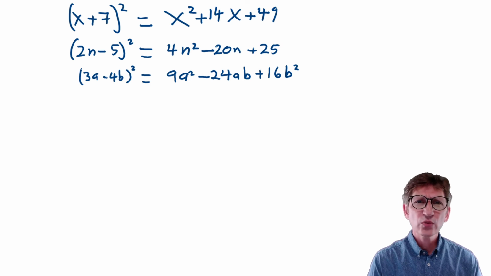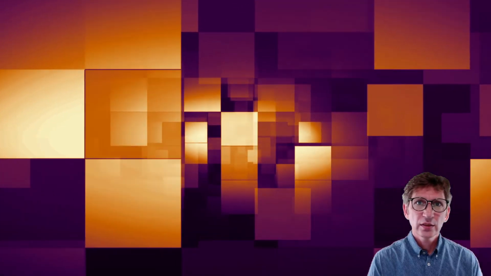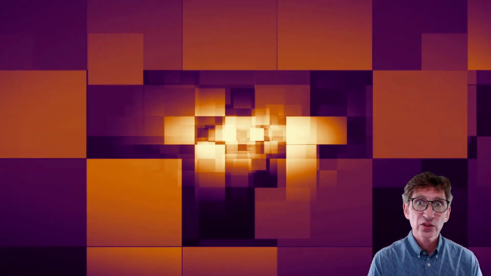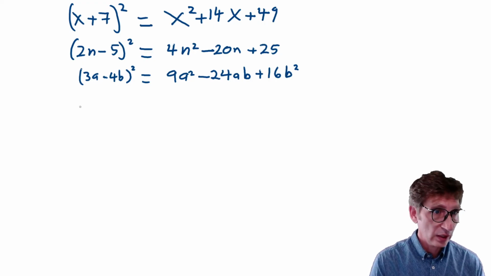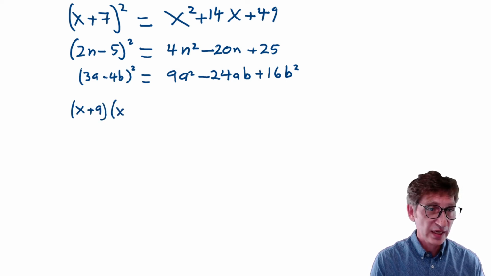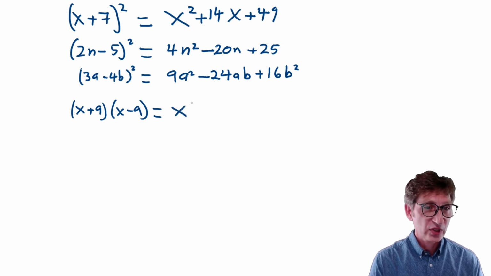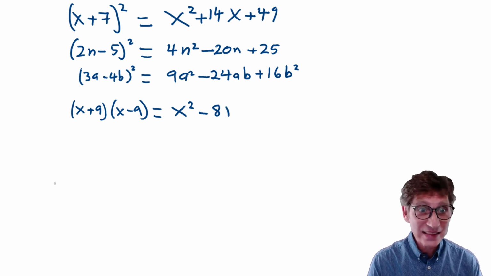Oh, I wonder if this works with that difference of two squares. Well, x plus 9 times x minus 9. Square the first term minus the square of the last term. That's it. It's that simple.